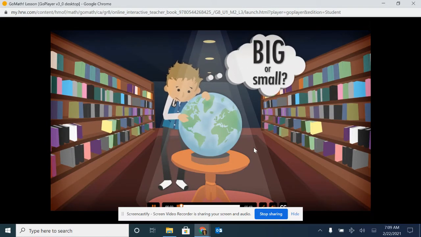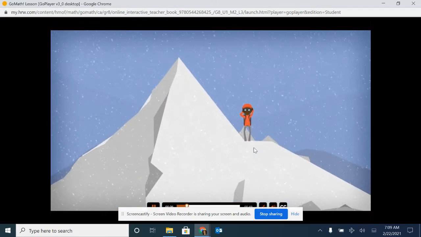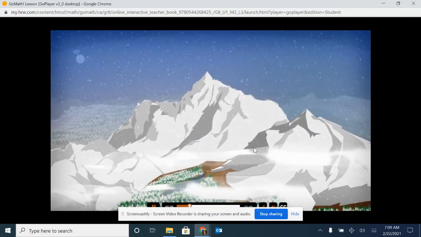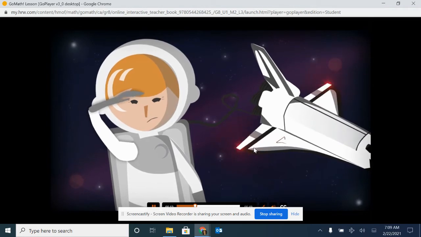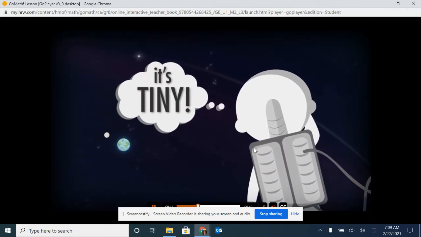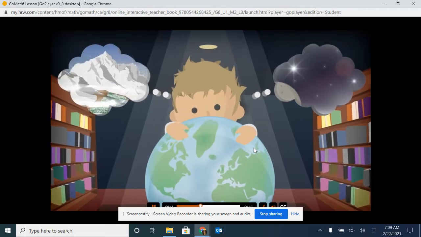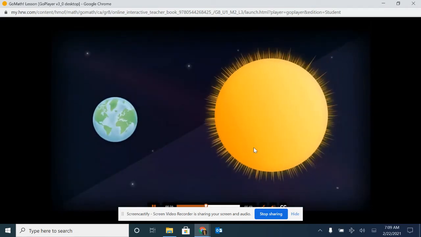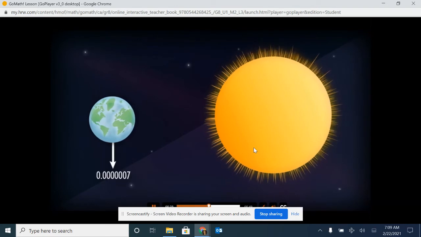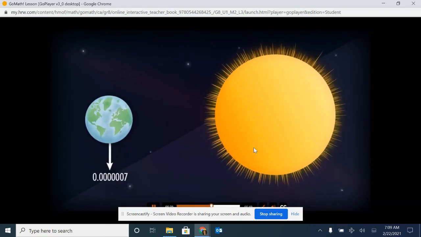Is the Earth big or small? Sounds like a pretty silly question, huh? Looking at it from our point of view, the Earth is gigantic. But astronauts get to see it from a different perspective. To try to get some perspective without going to space, we can look at it like this. The volume of the Earth is about 7/10 times smaller than the volume of the Sun.